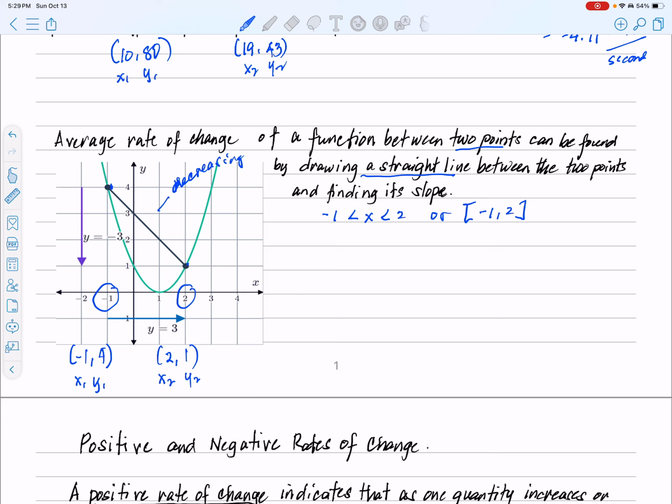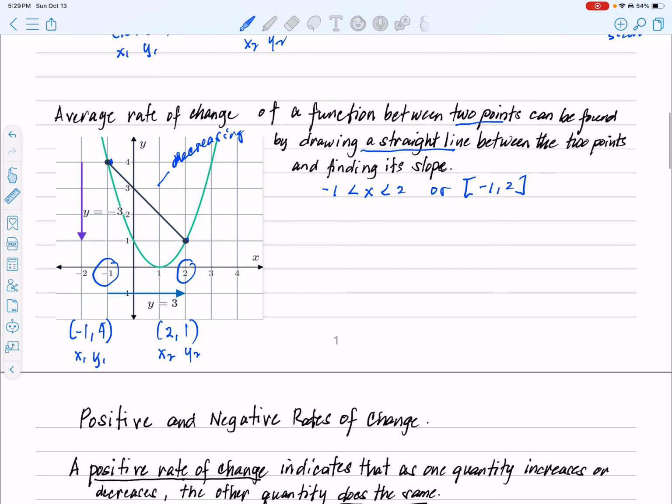So if you are given this kind of interval in the problem, don't be confused or alarmed, because it is still asking the same thing: to find the slope of the line.